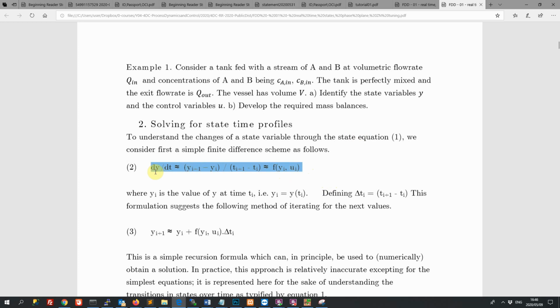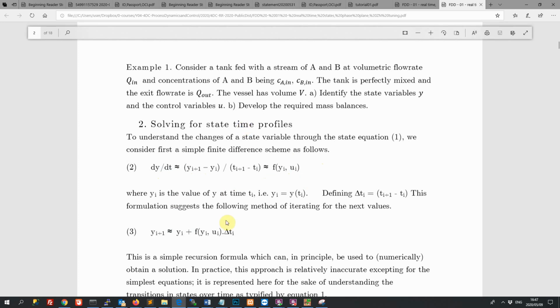If we take that to be true, so this is a kind of forward difference, then we can approximate yi plus 1. If this thing is approximately equal to the value of f at i, then we can solve for yi plus 1. We just multiply by delta t and then add yi. In other words, we just solve for this part, and that's what you see here.